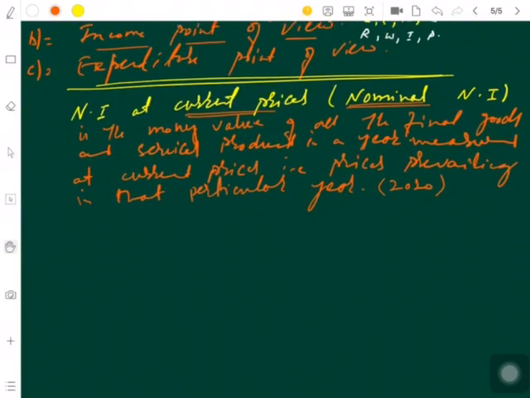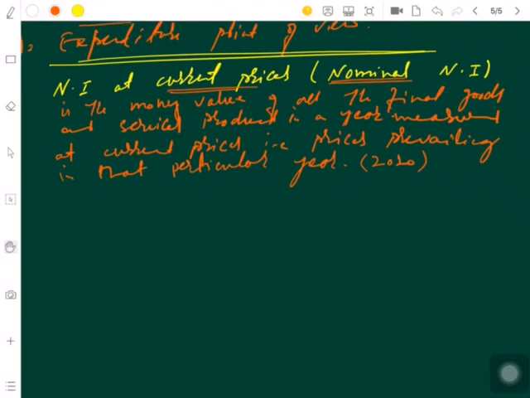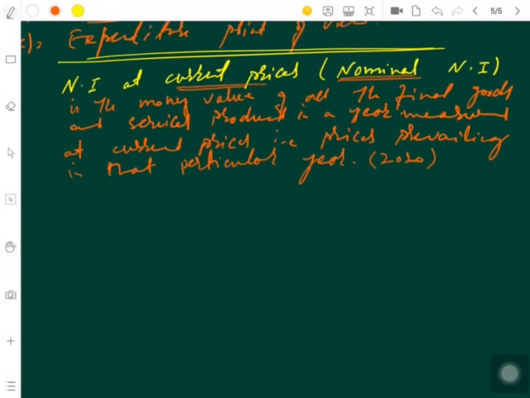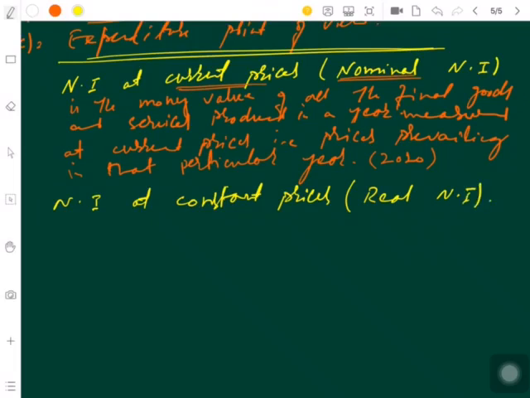Contrary to it, when we talk of national income in the other sense, that is national income at constant prices, which is also called real national income, we will define it in a different way.